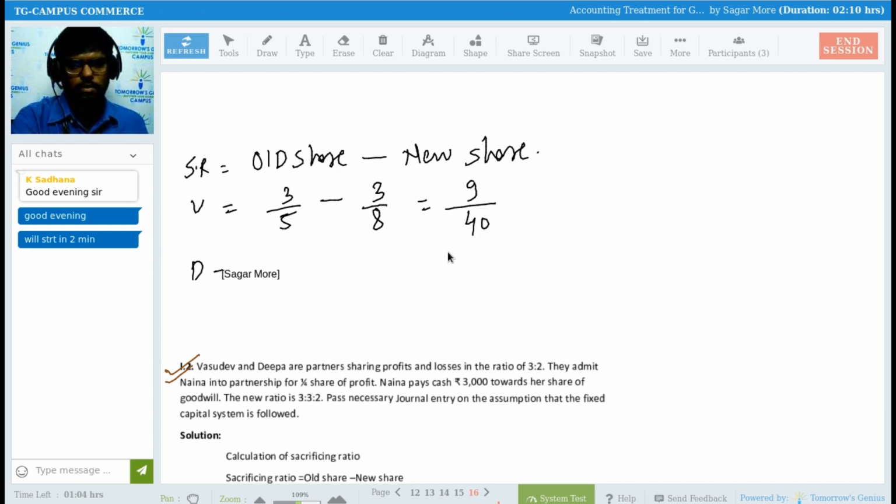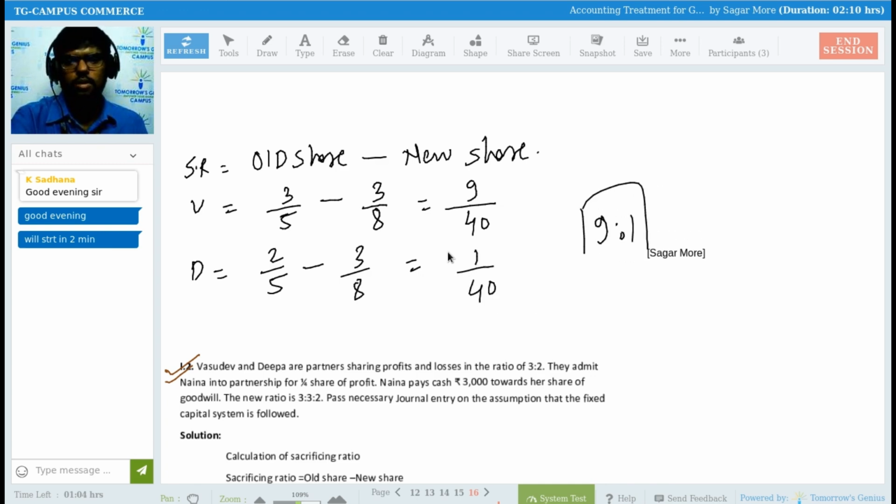And for Deepa, 2/5 minus 3/8, which is 1/40. Yes, so the ratio is 9:1. Absolutely correct. Now tell me, which entry do we have to pass?